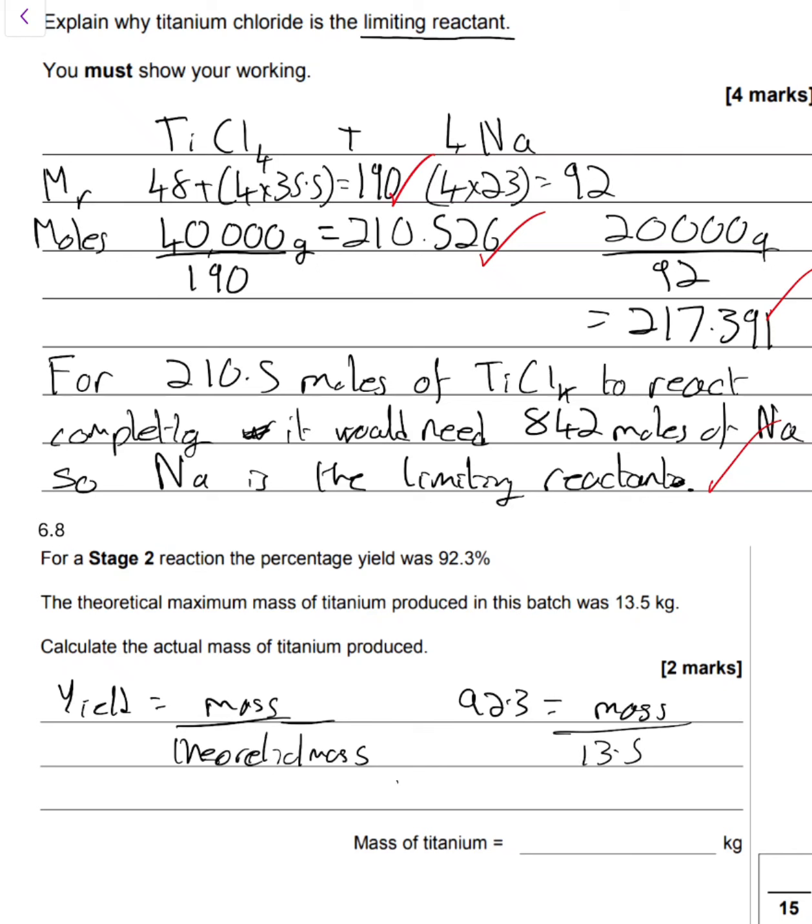Now I can rearrange and do 13.5 times 92.3. And we get 1,246.05 kilograms. Okay, but we actually don't get that because we haven't divided by 100.